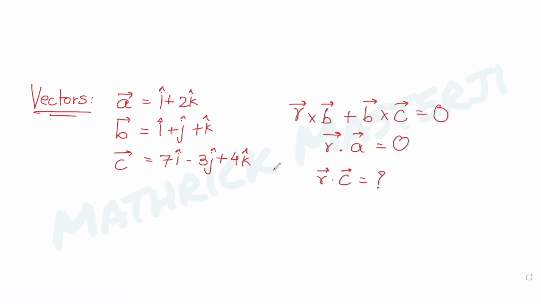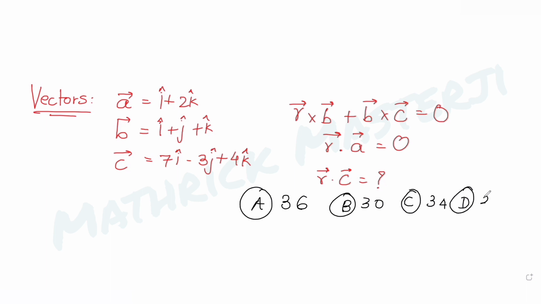The answer choices given are 36, 30, 34, and the last option is 32. So we need to figure out which one is the correct answer, that is, the dot product of vector R and C. So let's see this question.